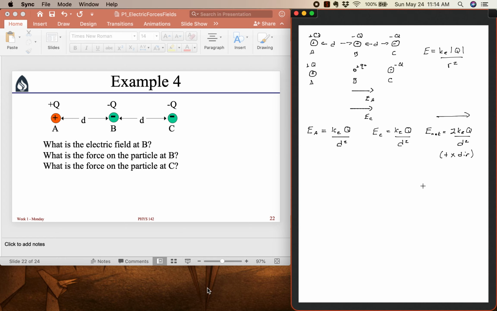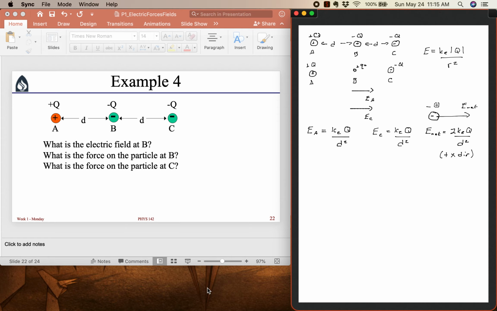So then the next question is, what is the force on the particle at B? Now I have my electric field, and to find the force on the particle, I put it back at that location. So let's say that this is my net electric field vector, E net. I put the charge back at that location where it's acting, and this is location B, and B was negative.